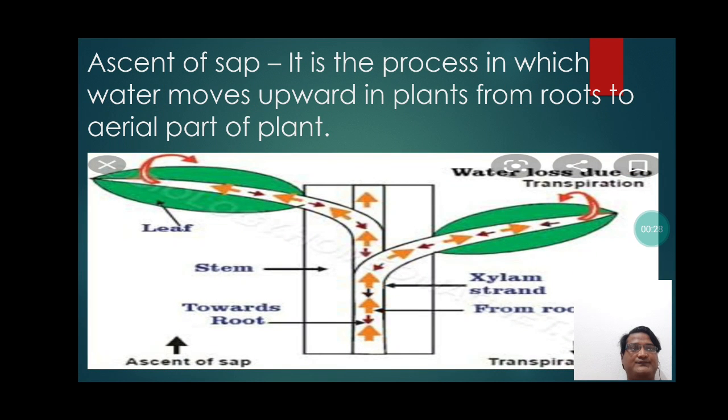Ascent of sap. It is the process in which water moves upward in plants from roots to the aerial part of the plant.